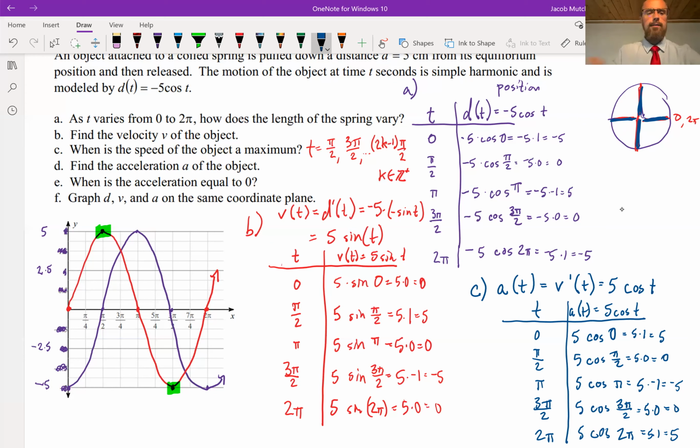So I'm going to graph this, and that'll give us a chance to say when acceleration is equal to 0. So acceleration starts at positive 5, to 0, to pi at negative 5, to 0, to positive 5. And here's my acceleration curve.